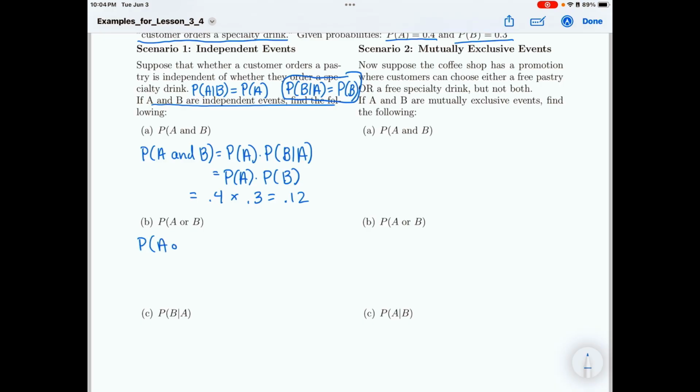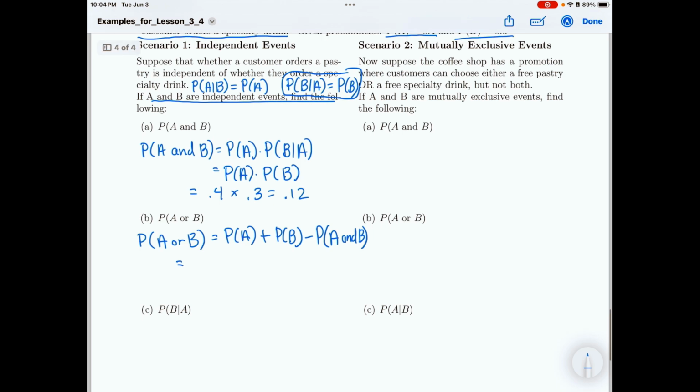For part B, we're going to find the probability of A or B. The formula for A or B is our addition rule. So that's the probability of A plus the probability of B, and then we subtract the overlap. Now, we know the probability of A and B. We just found it, so we have all the information we need.